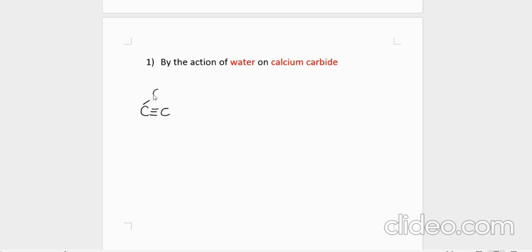To that, we are going to attach calcium. So this is our calcium carbide. That is CaC2. Calcium carbide, it reacts with two molecules of water. So we are going to write down as HOH and the second HOH.